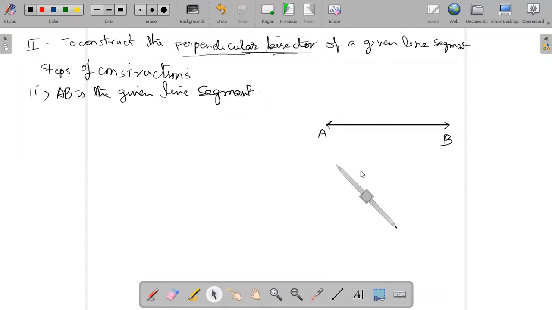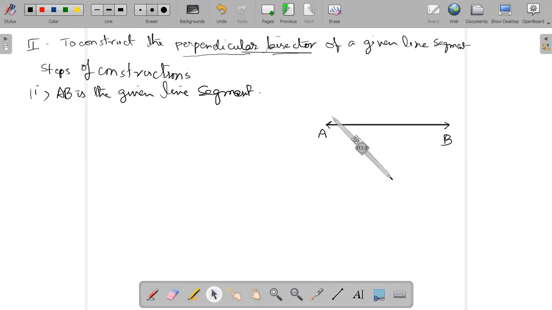What is important here is that we have to draw two arcs on both sides with A and B as centers, but the radius should be more than half the length of AB. Why? Because you have to draw one arc from A and another from B, and they should intersect each other. If you take less than half, they will not intersect.